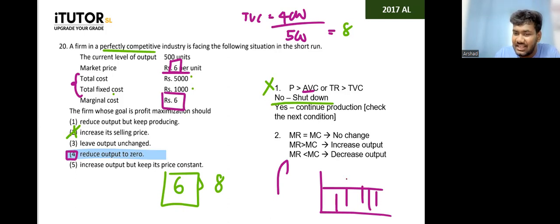Now, what does a perfectly elastic demand curve mean? You can sell any number of units at this given price. So why are you reducing the price? If I can get any number of students I want at 3,000 rupees per month class fees, why will I reduce my price?